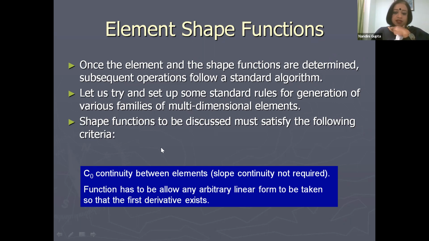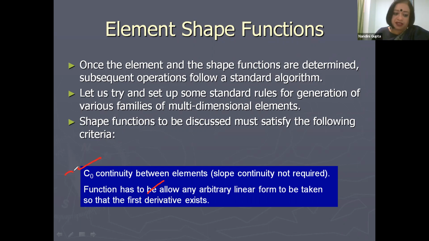Now, the shape functions that we are going to discuss must satisfy the following criteria. C0 continuity between elements. What does this mean? I will discuss in the next slide. The function has to allow any arbitrary linear form to be taken so that the first derivative exists.